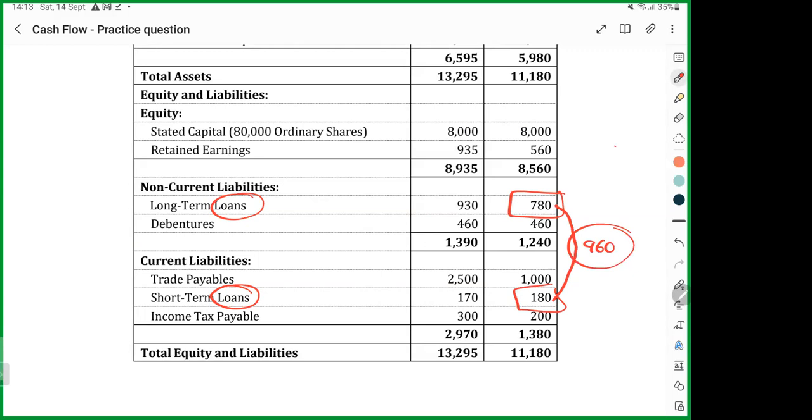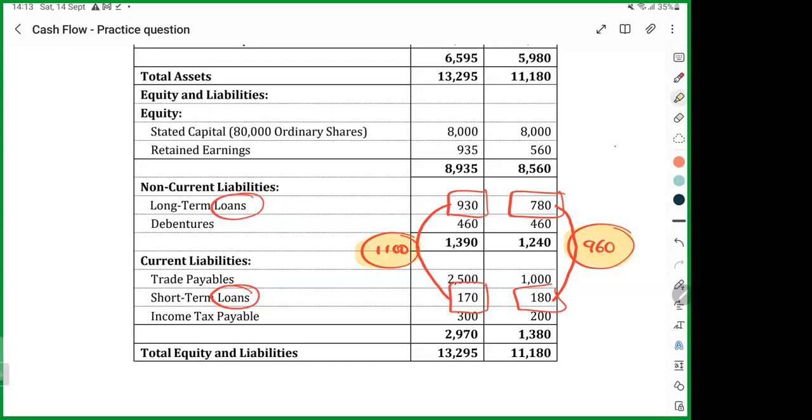How much total loan value at the end? 930 plus 170. How much? 1100. Now you see loan value increases from 960 at the beginning to 1100 at the end.